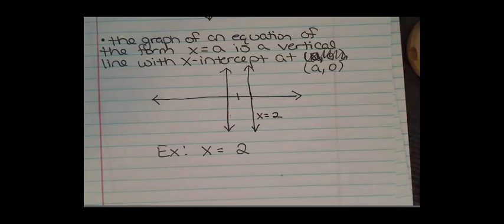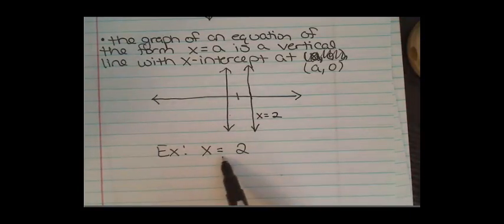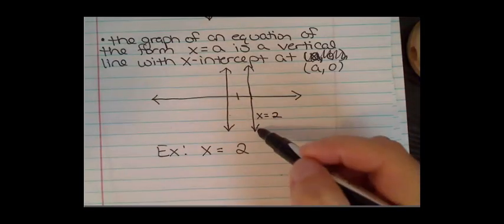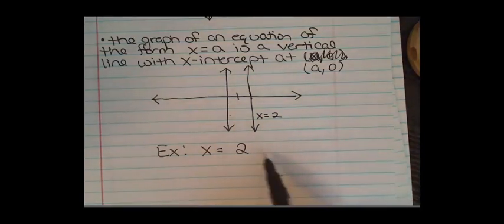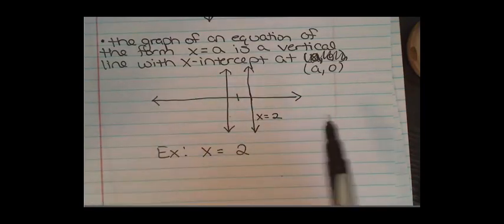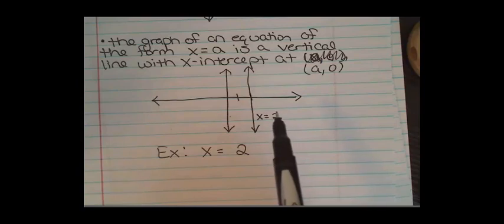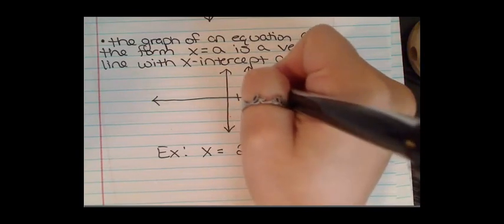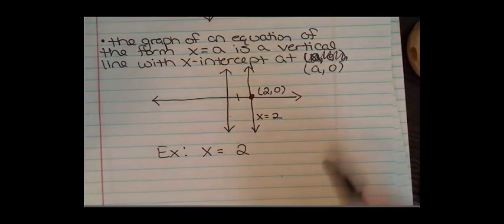Here you have x equals 2, so it means you go over 2 and you draw a vertical line there, because no matter what your y value is, notice there isn't a y listed, but no matter what it is, it can be 100, -1,000,000, it's still going to be x equals 2. And so our x-intercept in this case would be right here, which would be (2, 0), because it's going to hit the x-axis at 2.